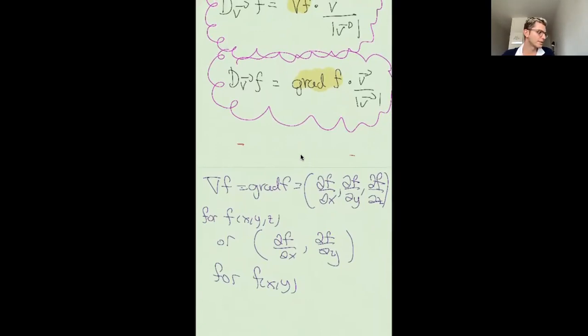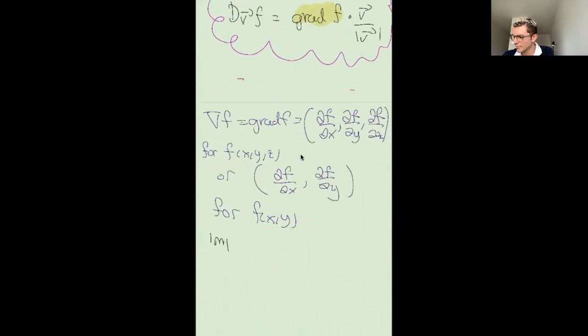The point is that I was explaining last time that the gradient is a vector, right? So the important thing from last time is that the gradient is a vector.